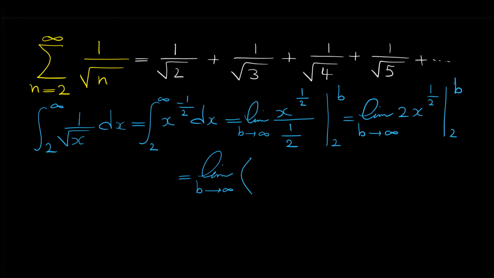Which equals the limit of, if we plug in the upper bound b, 2 times b to the 1 over 2 minus 2 times 2 to the power of 1 over 2. Because b approaches infinity, b to the power of 1 over 2 is infinity, because b to the 1 over 2 is actually square root of b, and the square root of infinity is infinity.